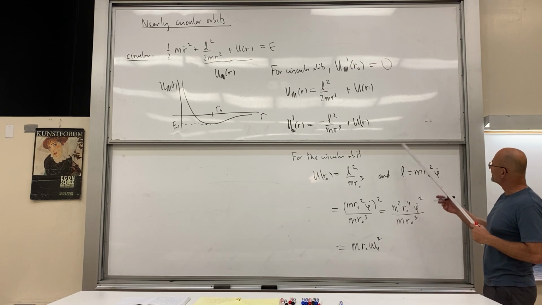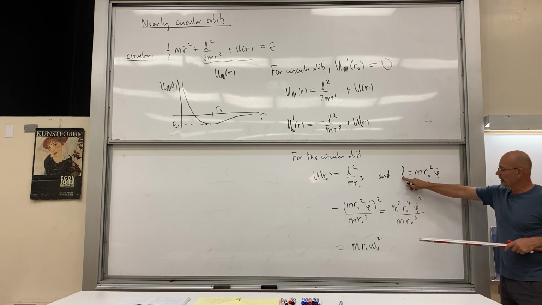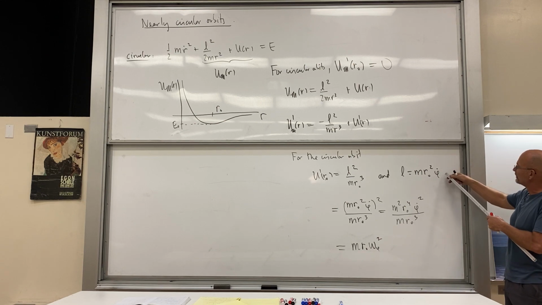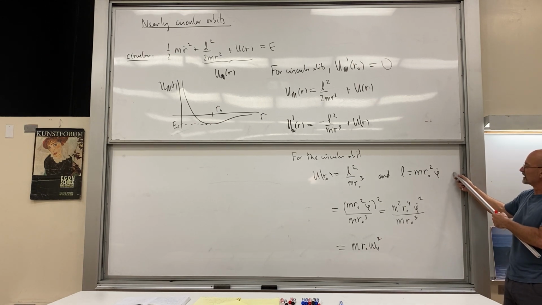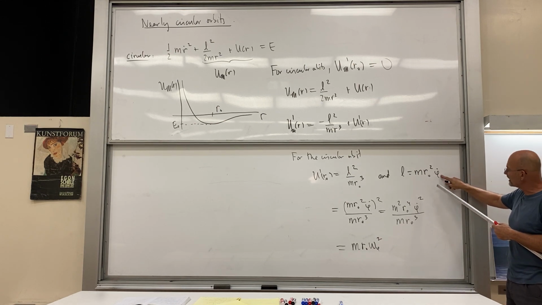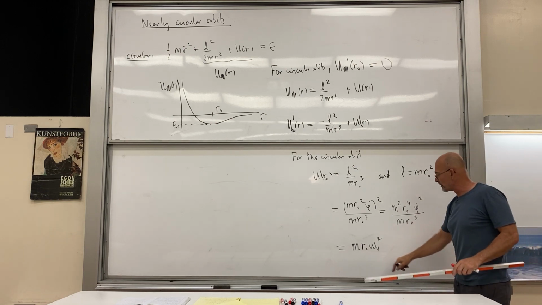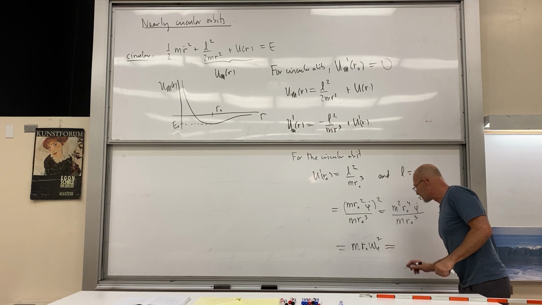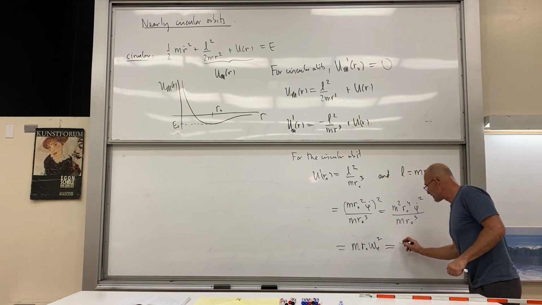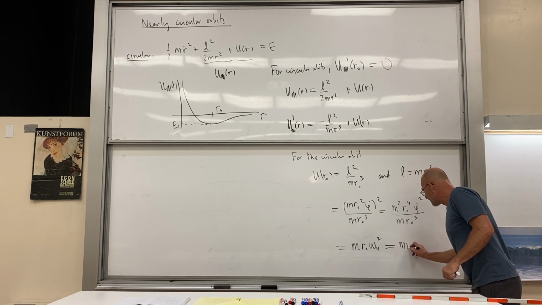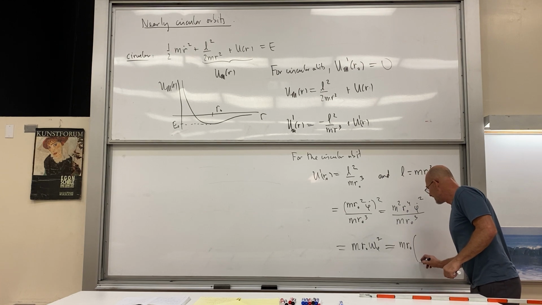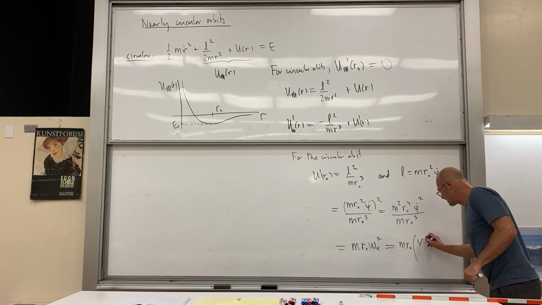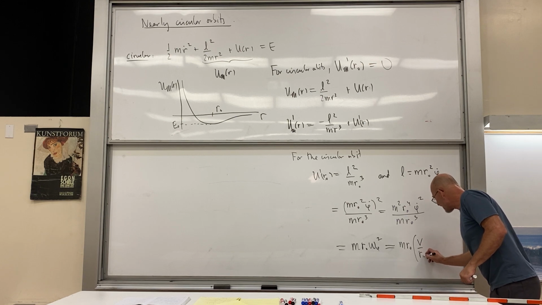The reason is that we have a conserved angular momentum, we have a constant radius, therefore this phi dot itself is constant. This angular velocity is constant, and I'm renaming it to omega sub phi squared. And again, since we have circular orbits, I can do the following. I can have m r naught, and then this omega sub phi can be written as v over r naught.